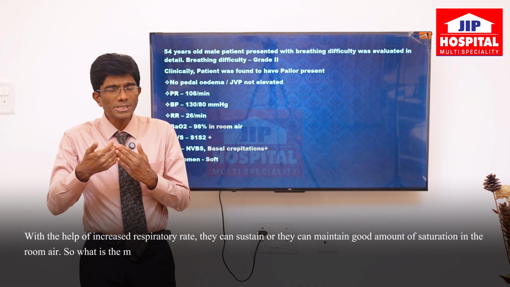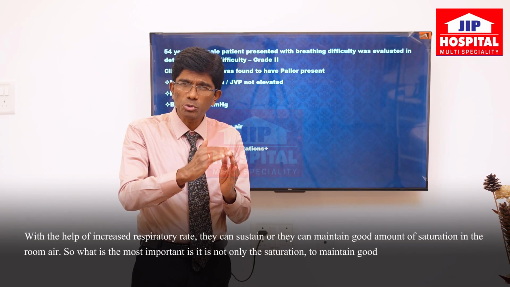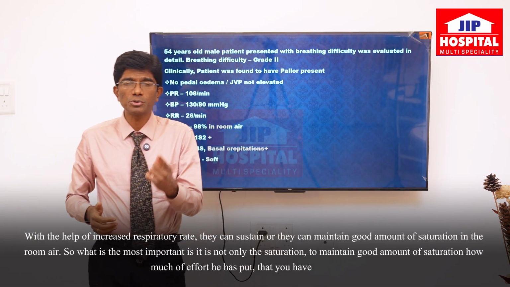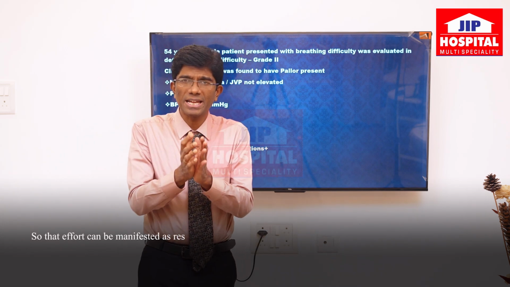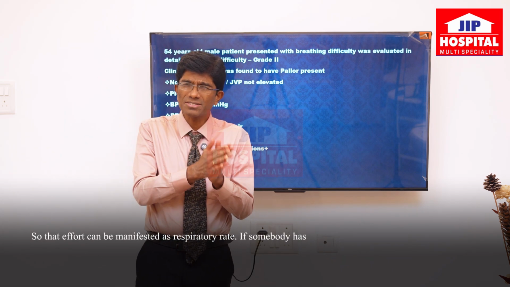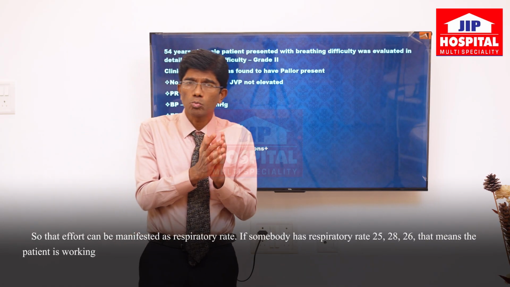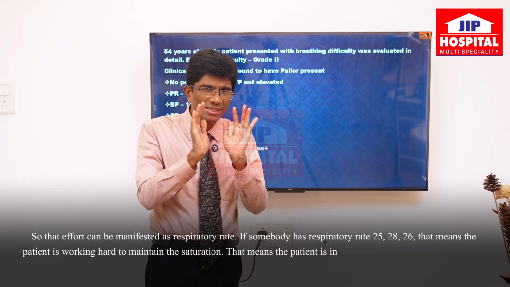So what is most important is not only the saturation, but how much effort he has put in to maintain it. That effort can be manifested as respiratory rate. If somebody has a respiratory rate of 25, 26, 28, the patient is working hard to maintain the saturation, which means the patient is in distress.